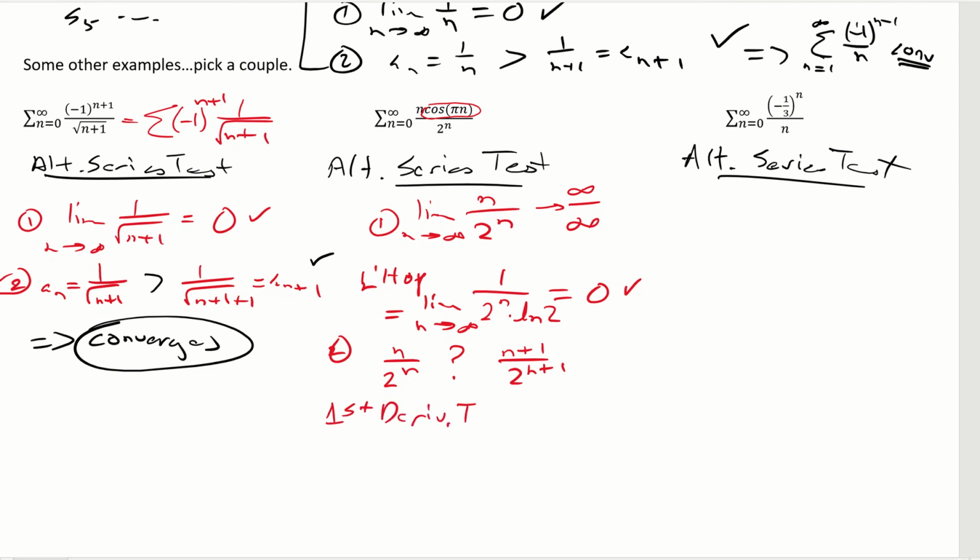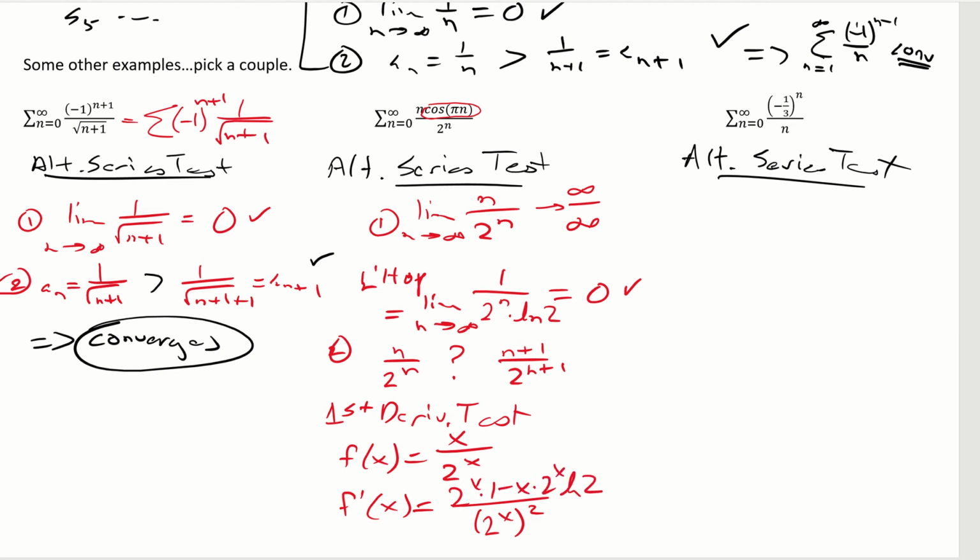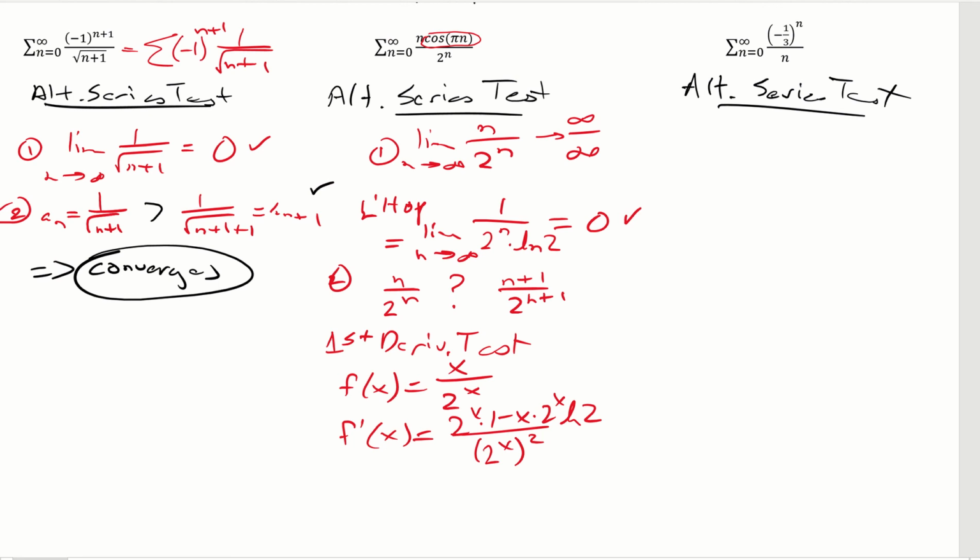First derivative test. Let's let f of x equal x over 2 to the x. F prime of x, therefore, is going to be 2 to the x squared, and then 2 to the x times 1 minus x times 2 to the x ln 2. Okay, I don't know what's happening.